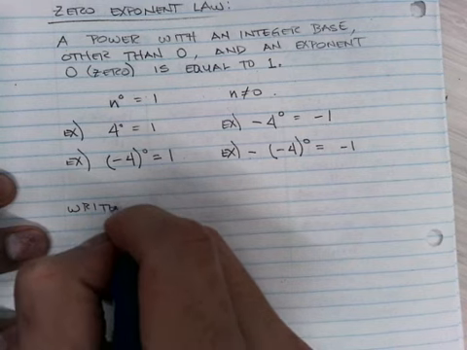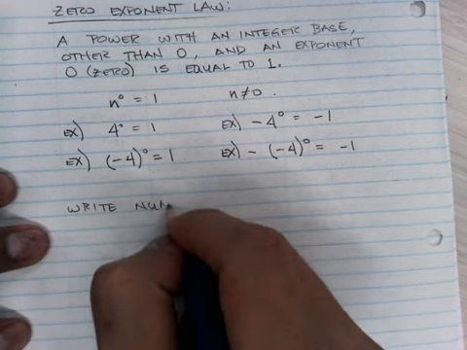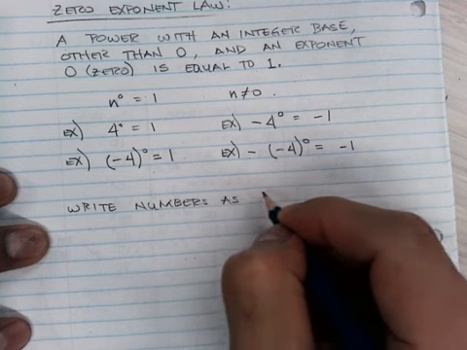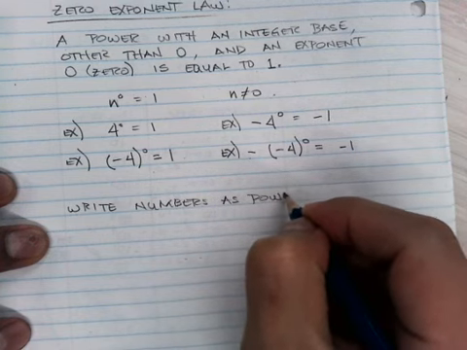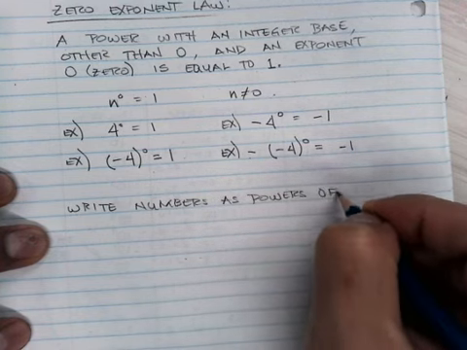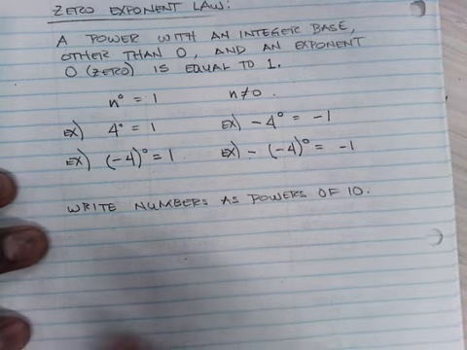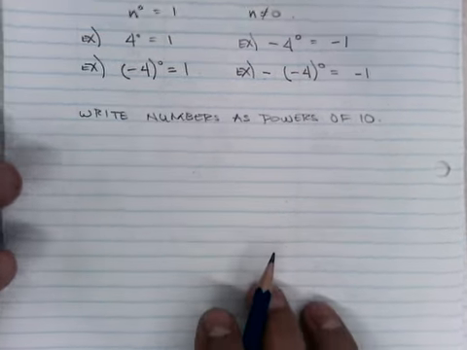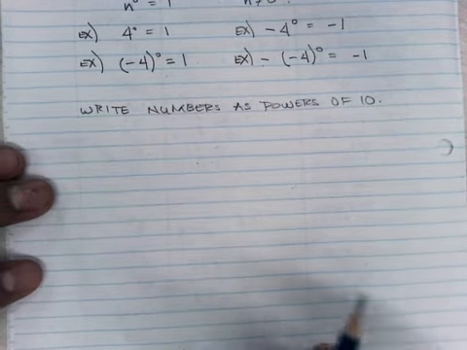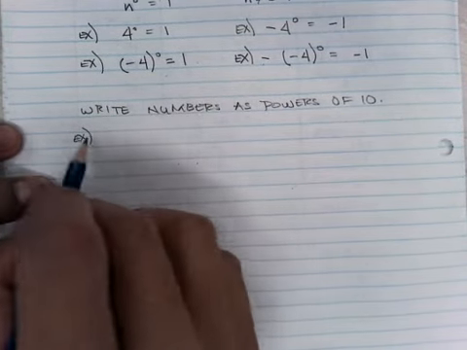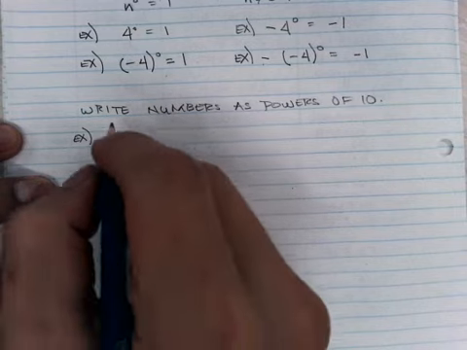And now we're going into writing numbers as powers of 10. Okay. In other words, let's say we want to write, for example, 3,452. The instruction really is asking you to expand this number.